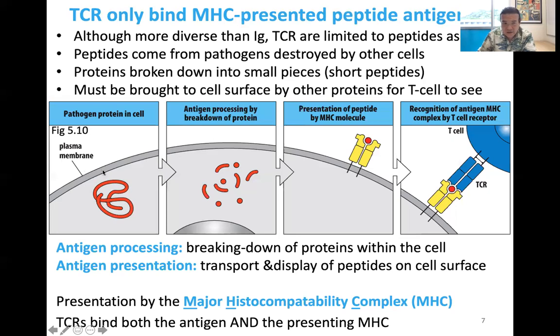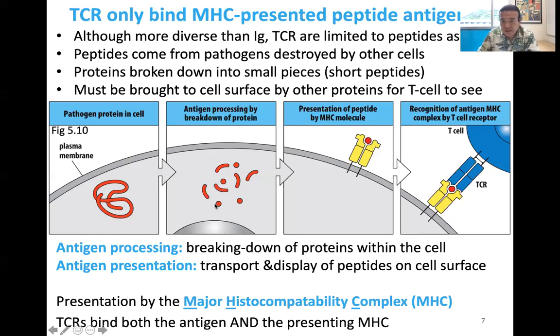Let's say this gray cell is a normal cell in your body. It's a perfectly normal cell, and somehow there's a foreign protein in it. So this is a protein that maybe came from a pathogen. And normally the protein is all folded up in its normal three-dimensional shape.